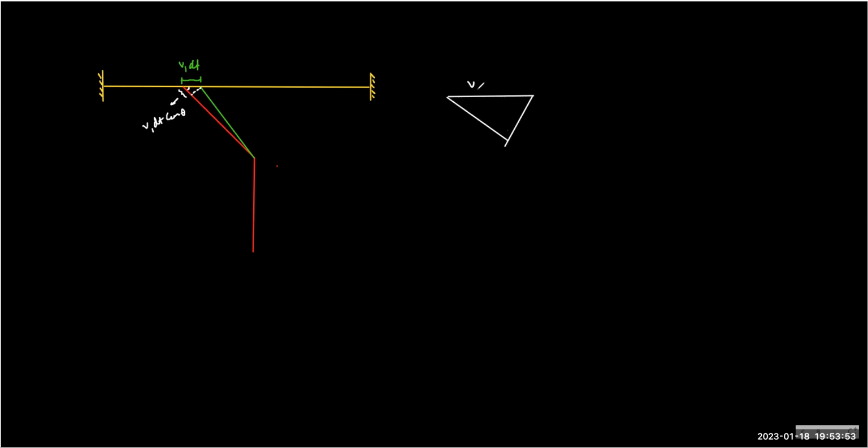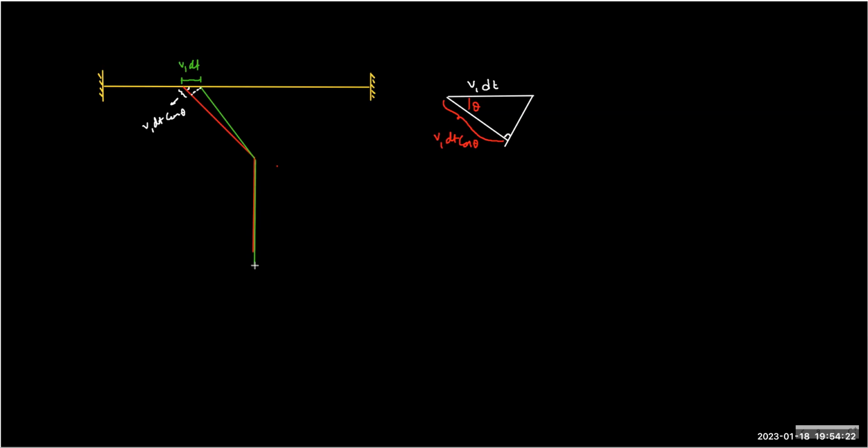Let me zoom this part. This is V1 dt. Because the green and red lines are very close to each other, if I draw a perpendicular, I can clearly see the extra length which is released. So you released V1 dt cos theta, right? Are you getting this?